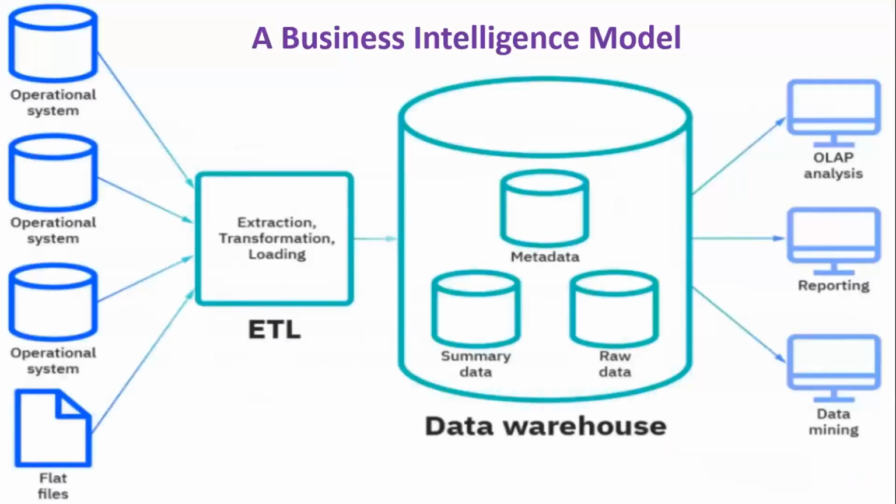Now take any business intelligence model. You have files, operational systems like websites, apps, and other portals to accept the data. You log into your bank account through mobile, or you open your app from your laptop or desktop, just log into your website. You perform operations.